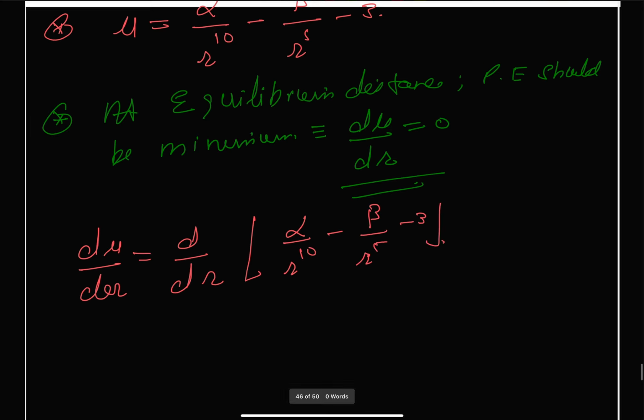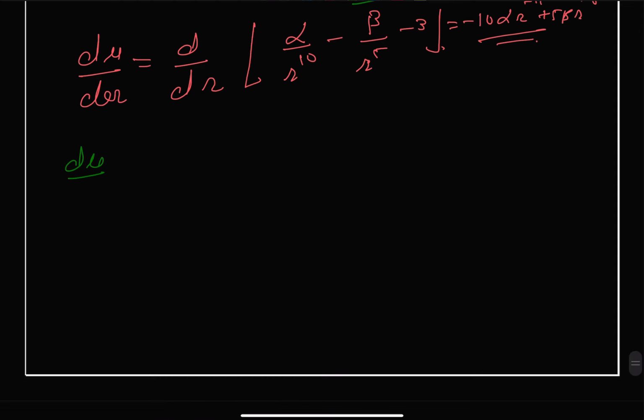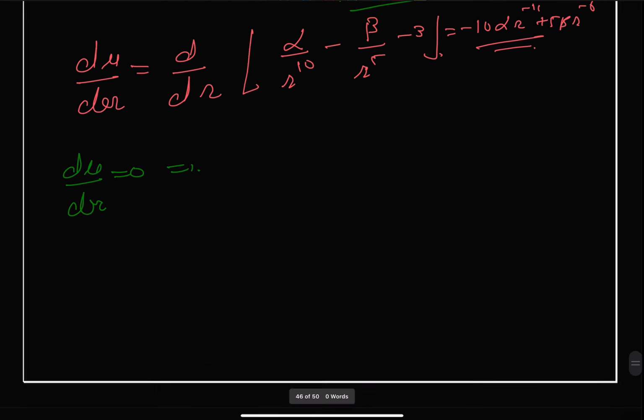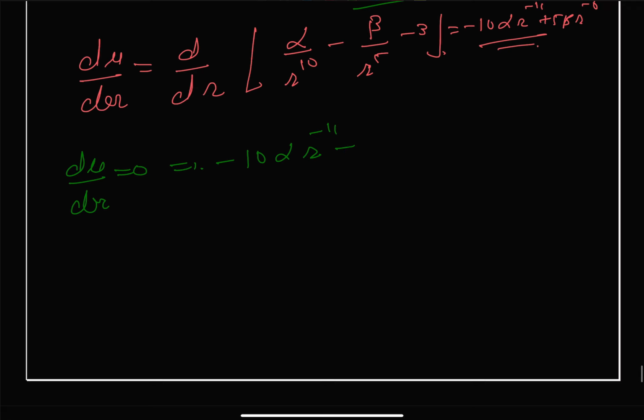And this gives us minus 10 alpha r raised to power minus 11, and this comes as plus 5 beta r raised to power minus 6, and we are going to set this equal to 0. dU by dr is equal to 0, which gives us minus 10 alpha r raised to power minus 11 plus 5 beta r raised to power minus 6 is equal to 0.